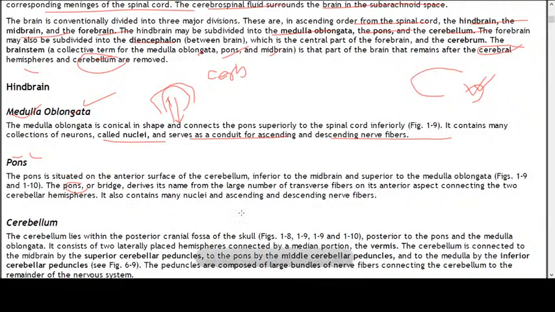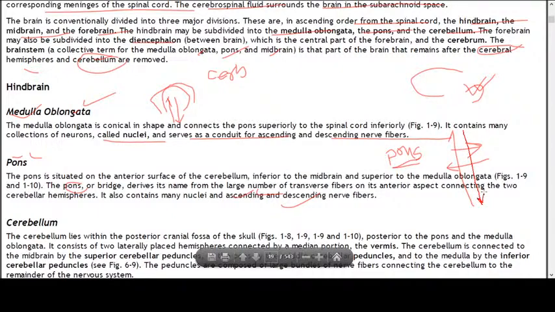It also contains many nuclei and ascending and descending nerve fibers. So it is important.